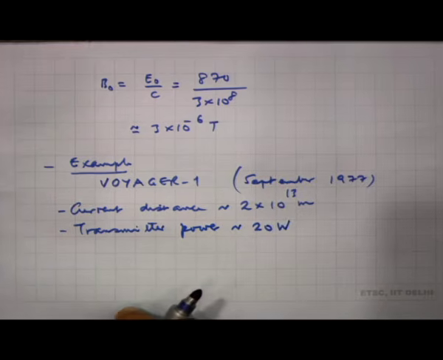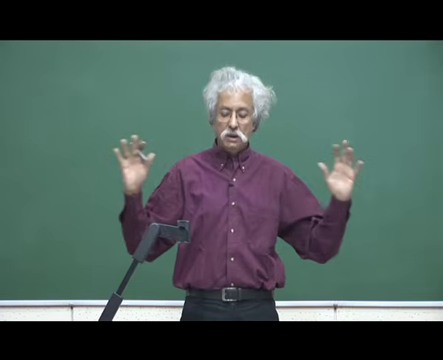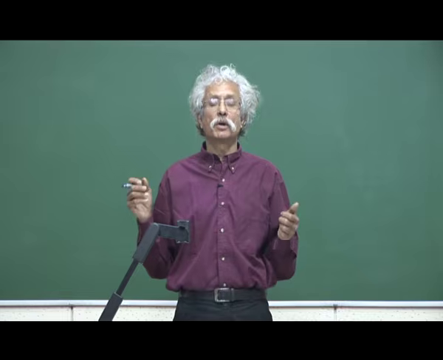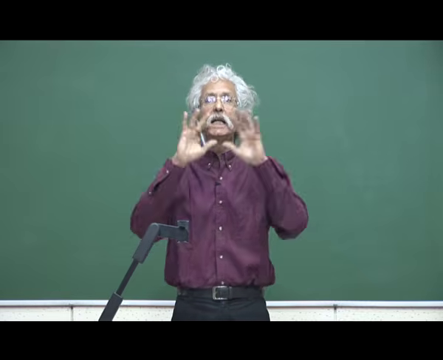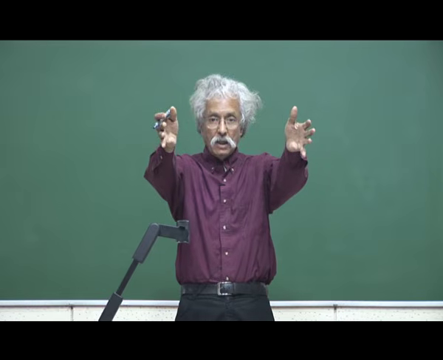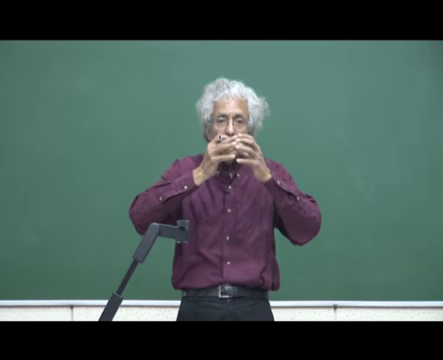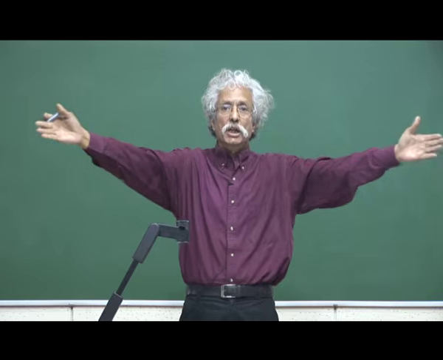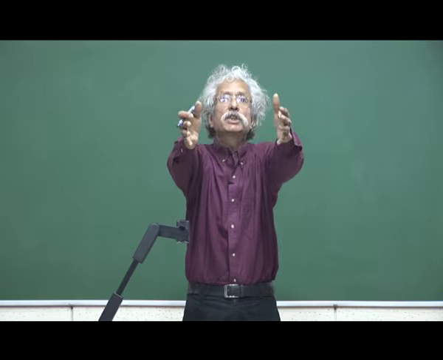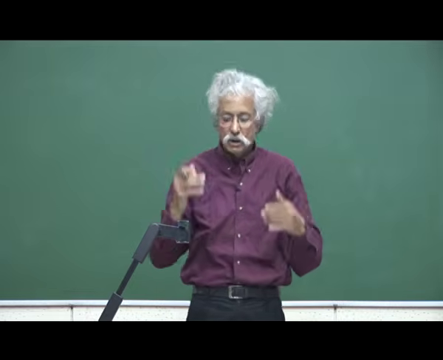Now, this transmitter is not transmitting in all directions, but it is a form of an antenna. You must have seen the antennas that you use for cable television. There is an antenna which directs the waves into a particular direction, so instead of the electromagnetic waves going in all directions, you can reduce the spread and increase the intensity of the electromagnetic wave in the direction that you want.